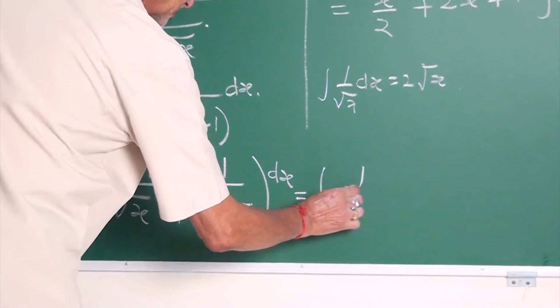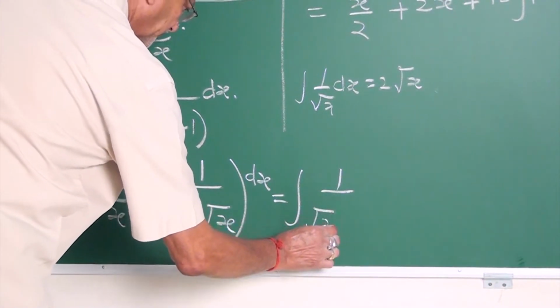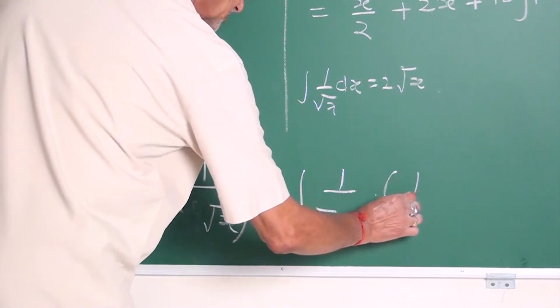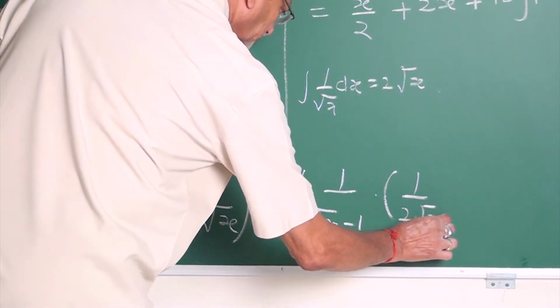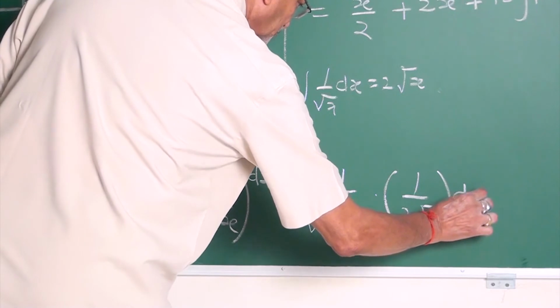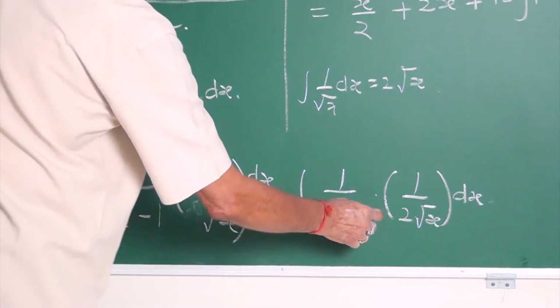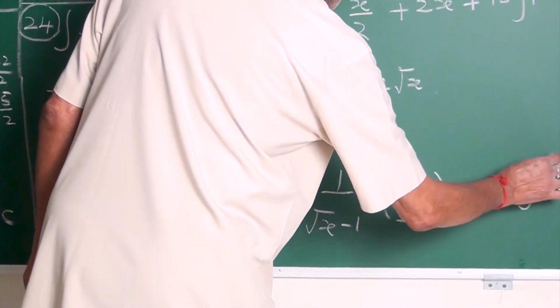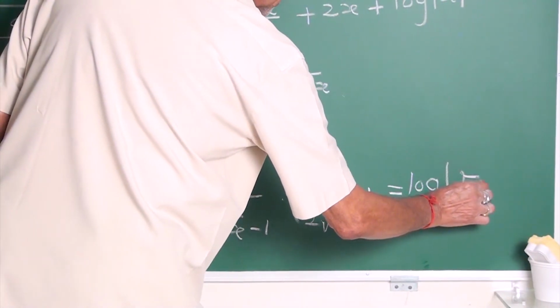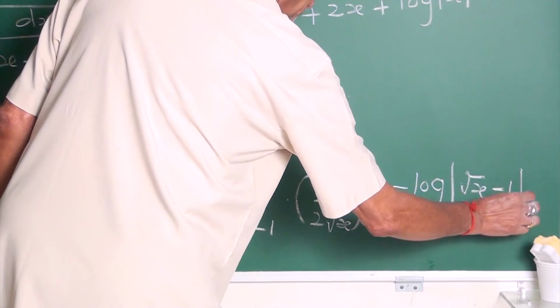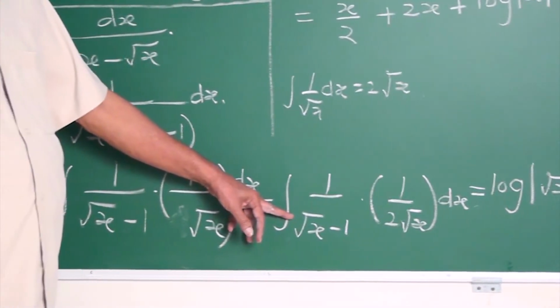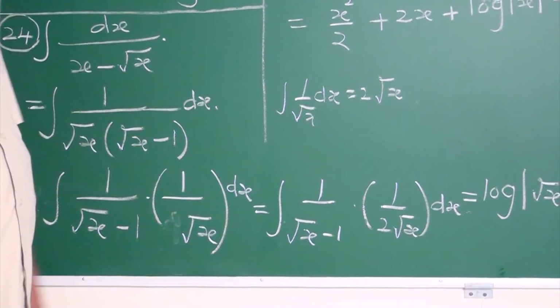This is integral 1 by root x minus 1 into derivative of root x, which is 1 by 2 root x dx. So, this is 1 by f into f dash. 1 by f into f dash is log f. Log of the denominator plus c. Log root x minus 1 plus c.